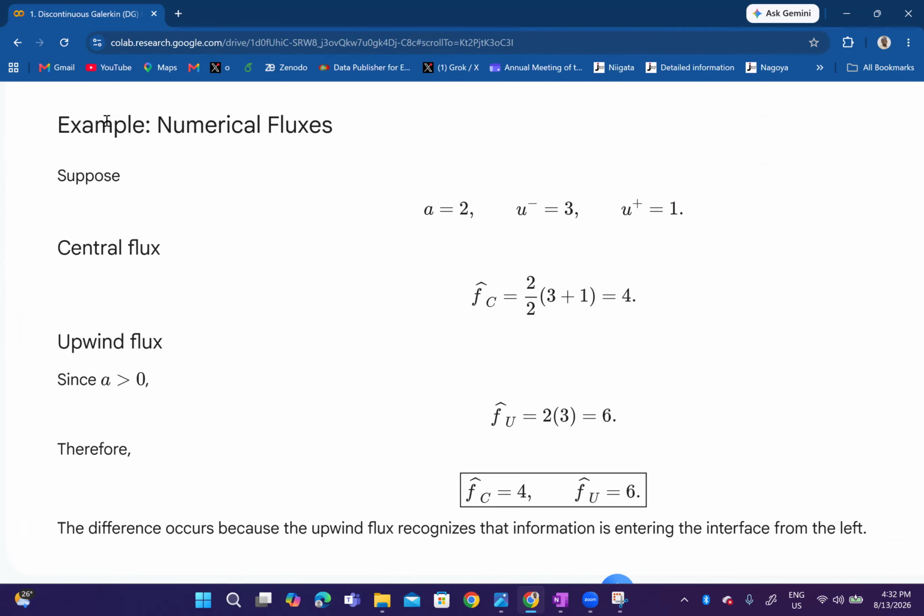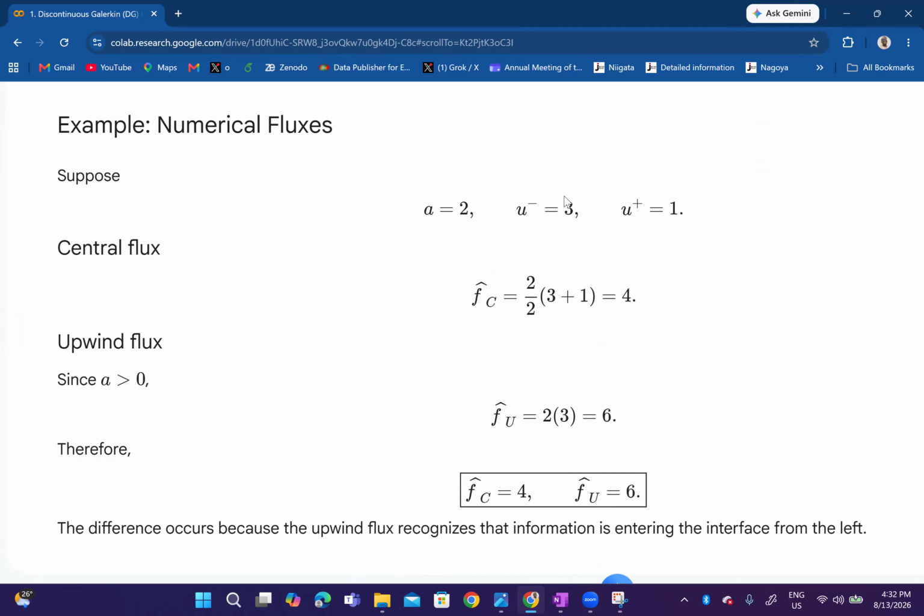Now let's take an example of numerical flux. Suppose a is 2, u minus is 3, and u plus is 1. So the central flux will simply be f cap c, which is a over 2 into u minus plus u plus. A is 2, so we have 2 over 2 into 4, so that's simply 4. Then for the upwind flux, for a greater than 0, we have f cap of u as a u minus, that's 2 times 3, which is 6.